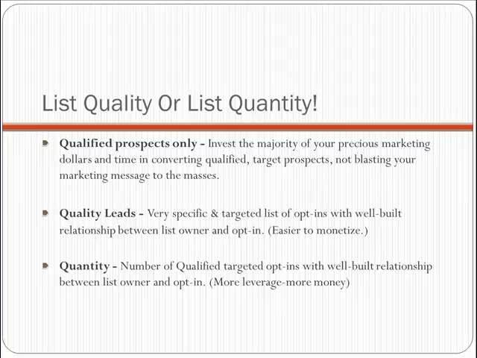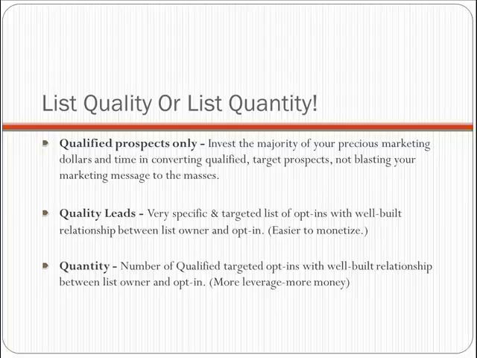If a JV partner gives you a promotion and you send it out to your list and it's not that targeted a list, and you don't make a lot of sales, that really doesn't help you in the leverage department. But with that good amount of quality leads, you send that promotion out and it converts really well because it was well targeted, they're going to see you as somebody that can do some major damage for them and really generate some income.